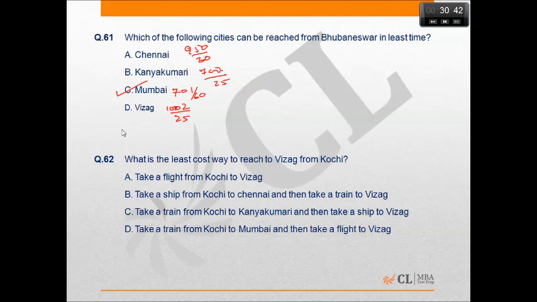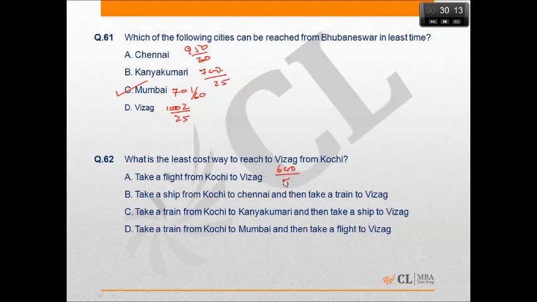Least cost Vizag to Kochi. Let me check. I think this I can do. Kochi to Vizag, again I'm using the table in front of me. The distance is 600 kilometers, which is by aeroplane, and aeroplane is 5 rupees per kilometer.